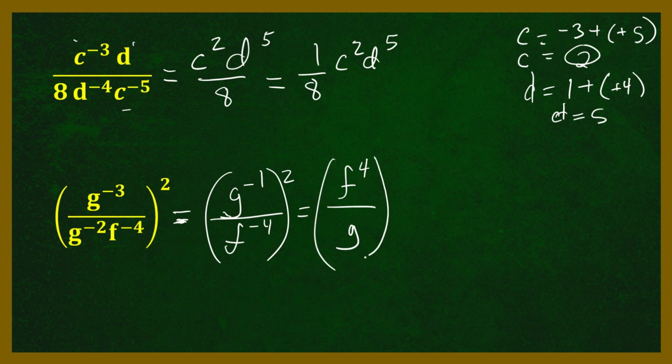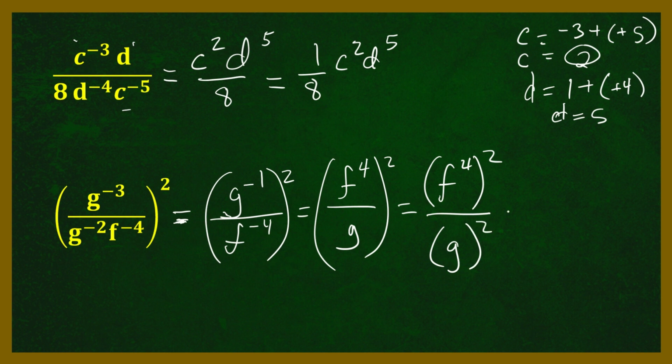And keep in mind, we are squaring the entire term. And actually we're going to break that down. So F to the fourth power squared over G squared. And our final answer is F to the 8th power over G squared.